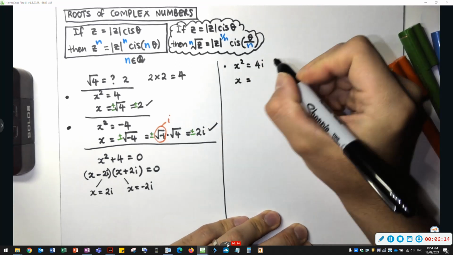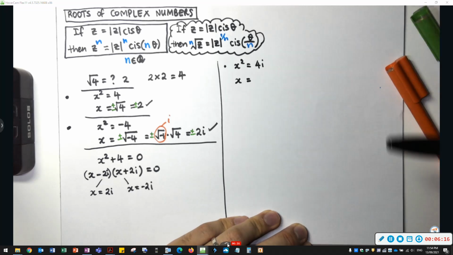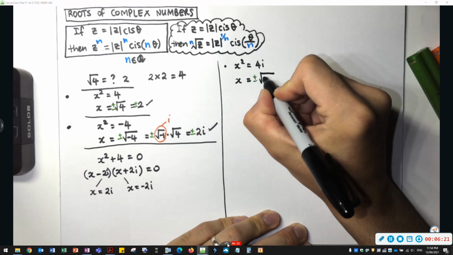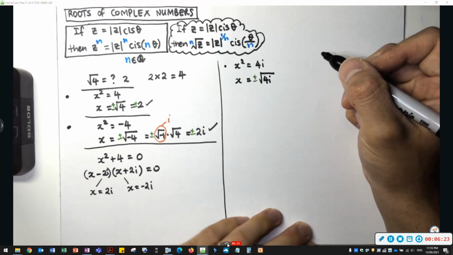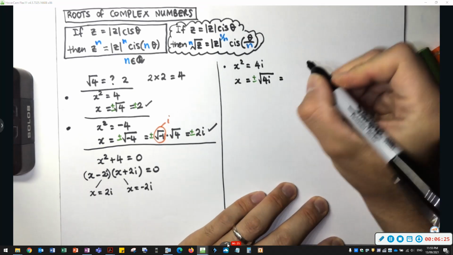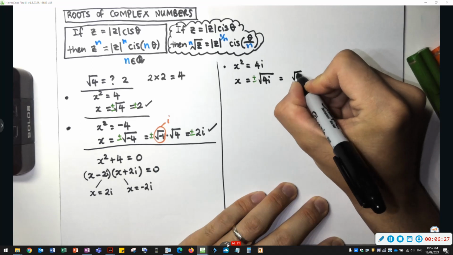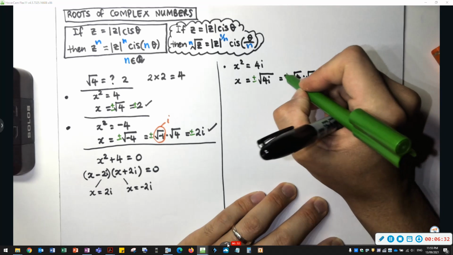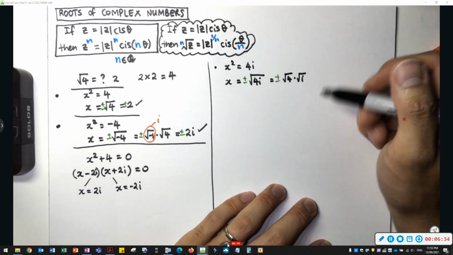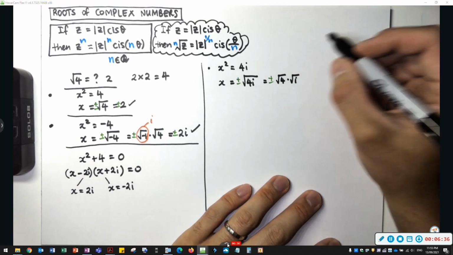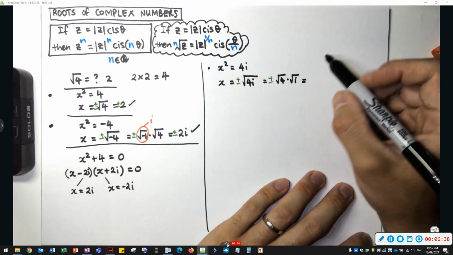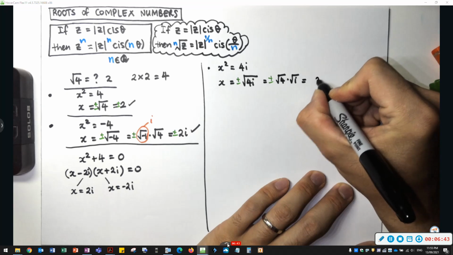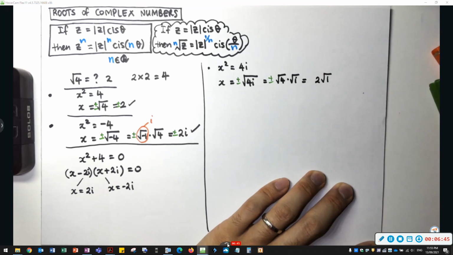So x equals plus or minus, and we're thinking square root of 4i. So we can break that up. We can have square root of 4 times square root of i. So we know what the square root of 4 is, which is 2. You might argue plus and minus, but I've already shown the plus and minus here already, so it's 2. But what is root i?